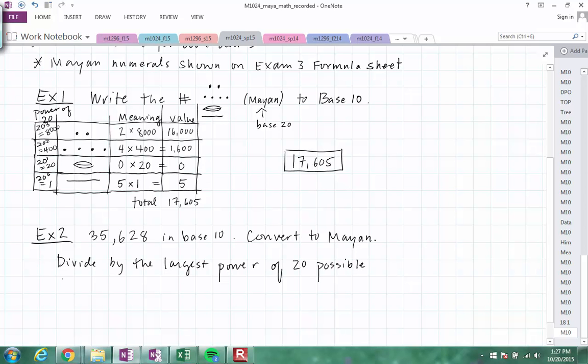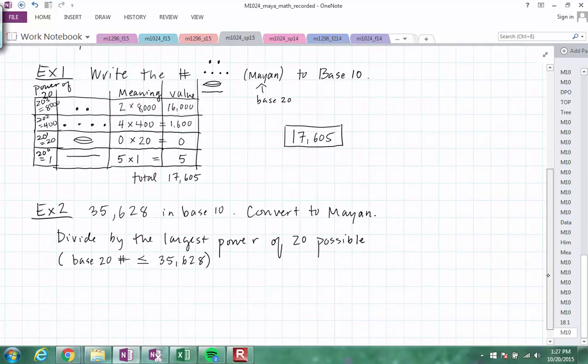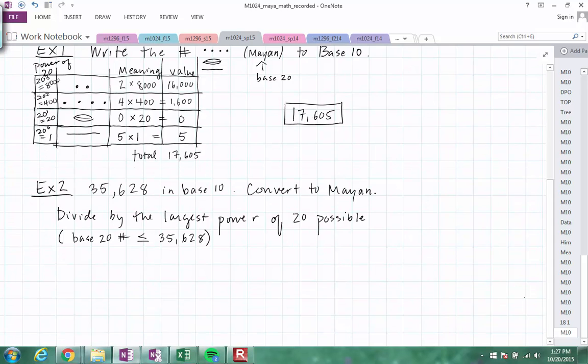And so that's going to be the base 20 number that is less than or equal to 35,628, just to put it a different way. So what are the powers of 20? Maybe we should start with our table too, because basically we're going to try to construct this table here. And so we can start filling that in and doing our work.